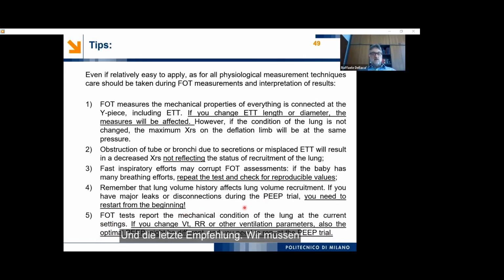And this last recommendation: we need to remember that the FOT test reports the mechanical condition of the lung at the current ventilation setting.